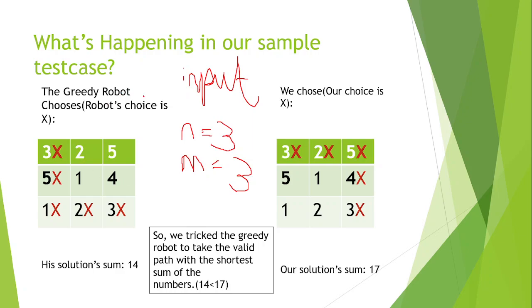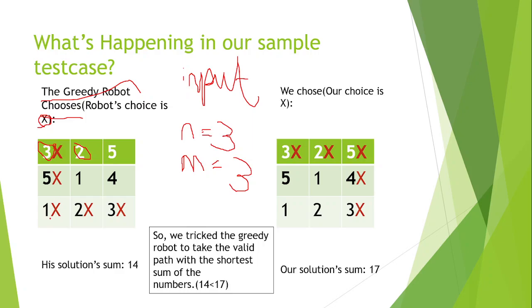Now, what does the robot choose? We need to note that the robot's choice is the red X. The robot chooses 3 because it needs to start from the top left corner. Then 2 is lower than 5, so it chooses 5 because it's greedy.